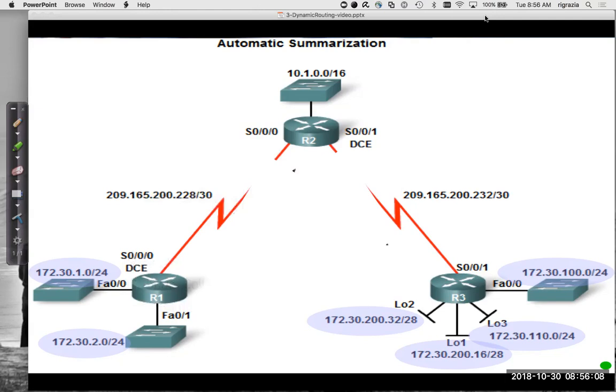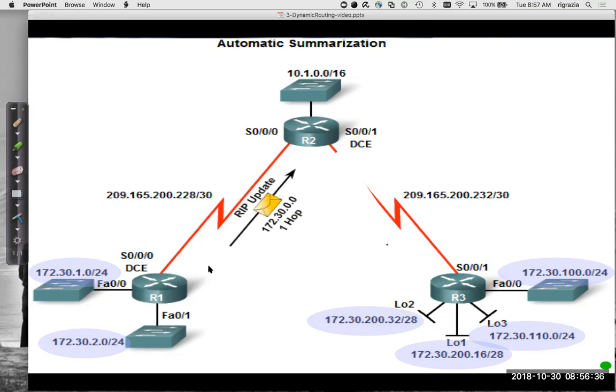Let's take a look. Over on R1 here, we have two /24 networks that it wants to advertise to R2, 172.30.1.0/24 and 172.30.2.0/24. What actually happens in RIP is that it does automatic summarization on a classful network boundary.